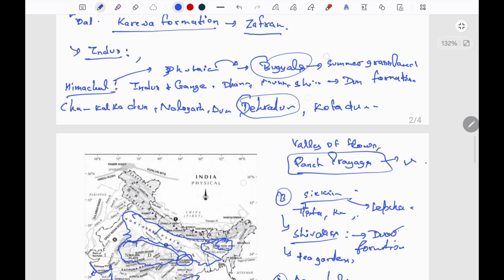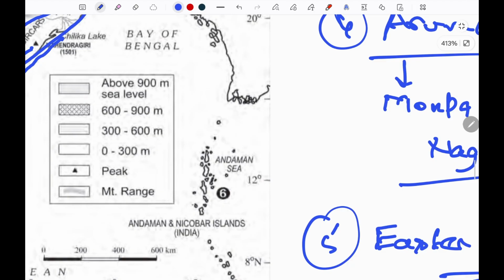This is Andaman and this is Nicobar. They are separated by Ten Degree Channel. These are basically submarine mountains, or sometimes even said to be an extension of the Arakan Yoma mountains of Myanmar.